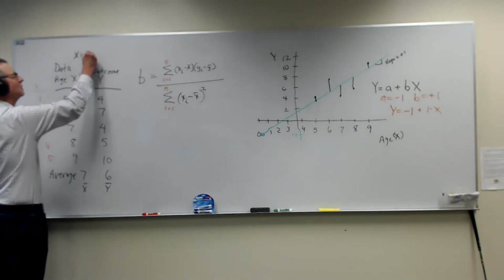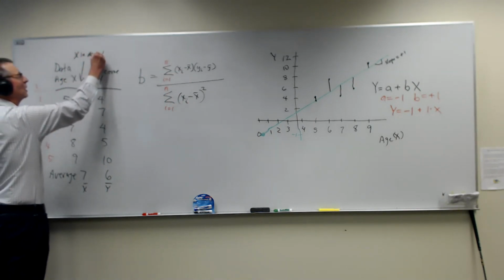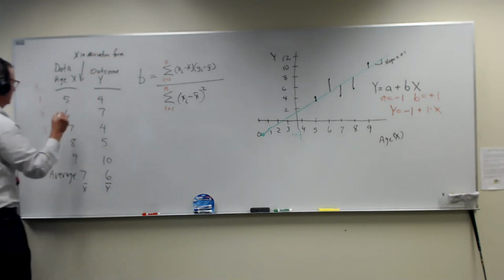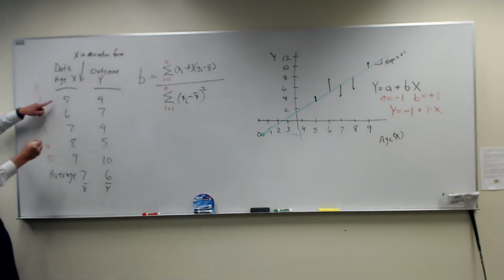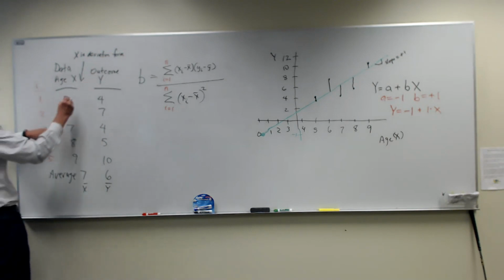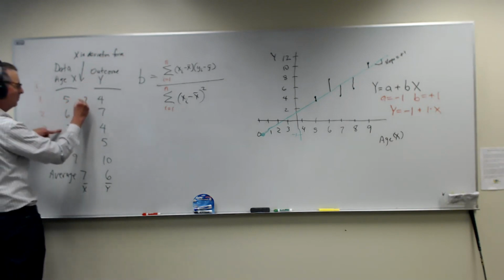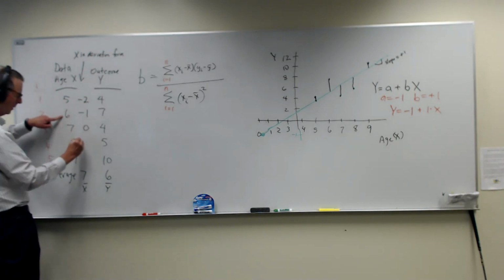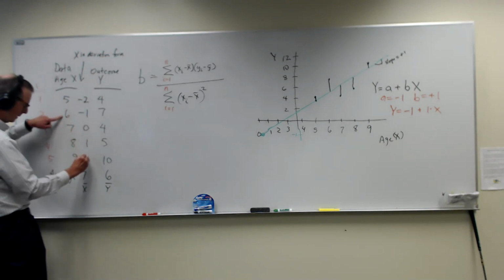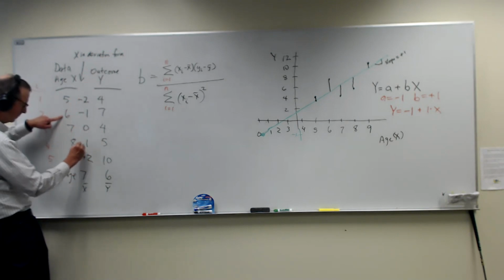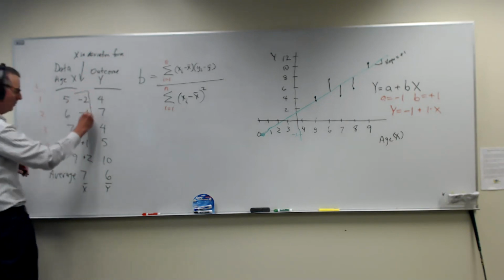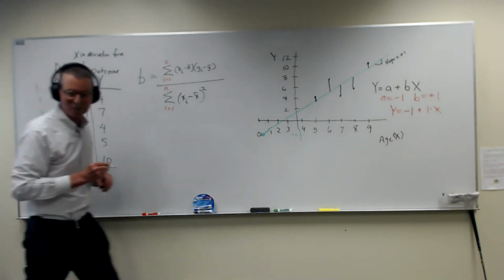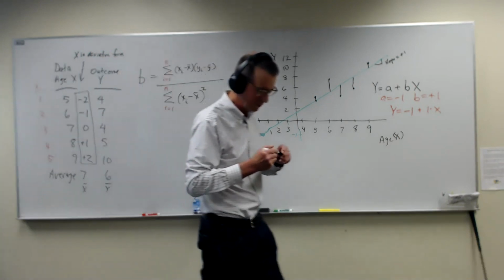In deviation form, 5 becomes 5 minus 7, or minus 2. 6 becomes minus 1, then 0, 1, and 2. Okay, so those will be the x's that we'll be dealing with.